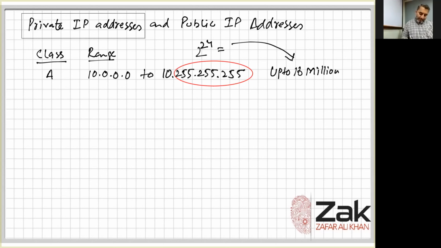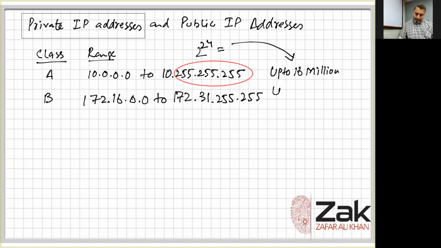In class B, we have from 172.16.0.0 to 172.31.255.255. This gives us up to 1 million.